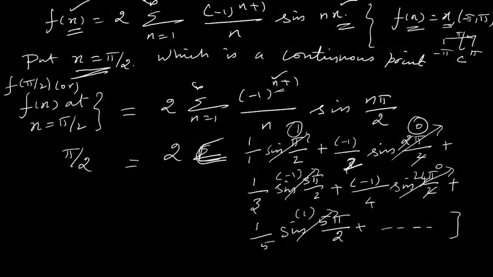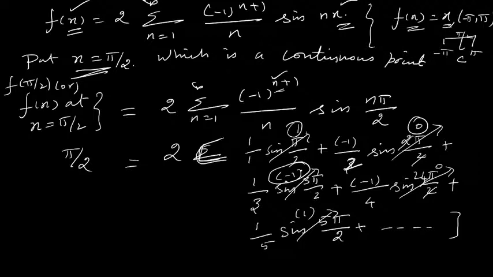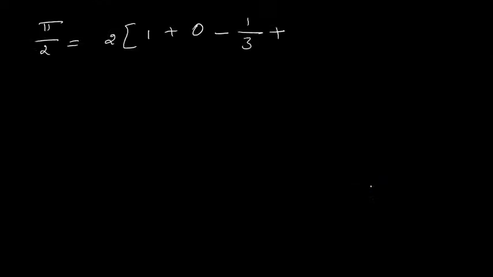Coming to the third term, here you have minus 1. If you multiply this with 1 by 3, you get minus 1 by 3. So minus 1 divided by 3 plus, coming to the next term, sin 4 pi by 2, that is sin 2 pi. Here the sin value of 2 pi is 0. 0 into anything, 0. So the next term is 0.